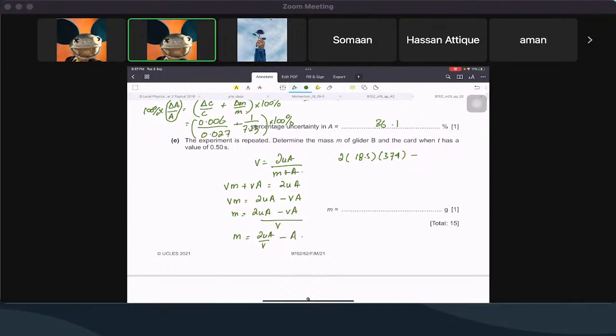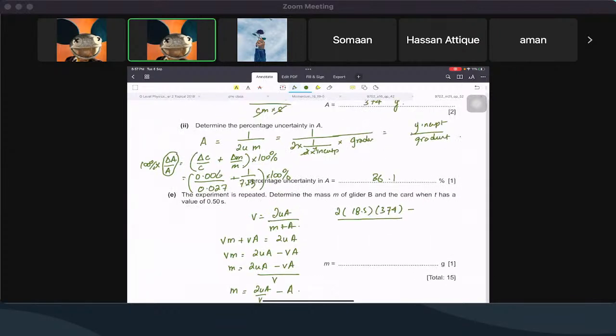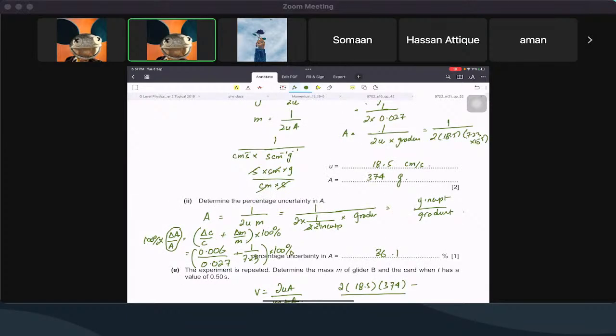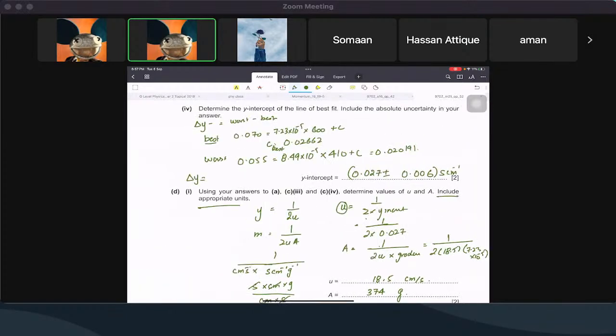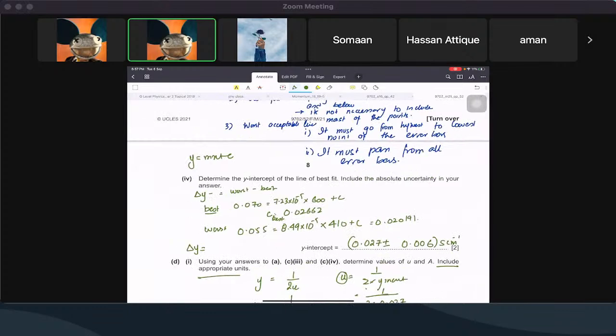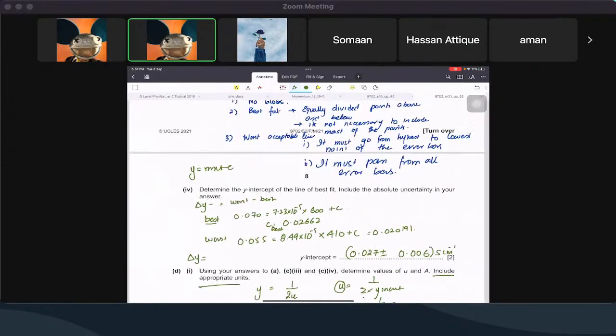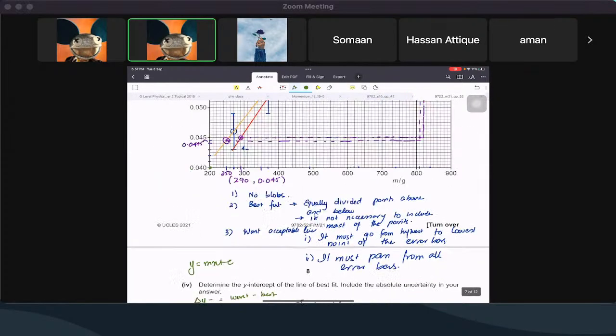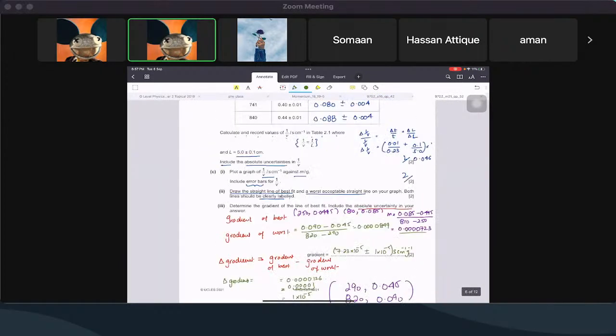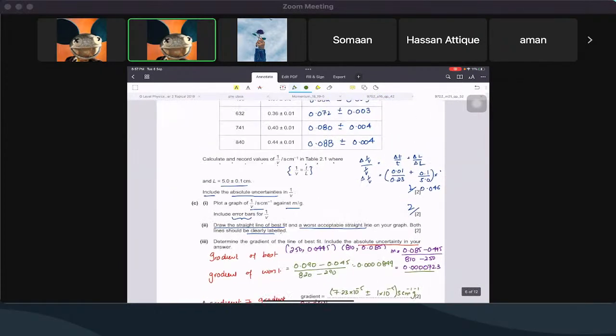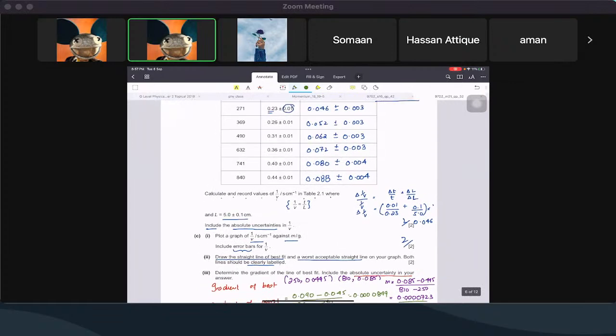So 2u divided by 1 upon v, we can take the value of 1 upon v. What exactly was 1 upon v? Yeah, we just plotted it against the whole thing for some reason. Wait a second.